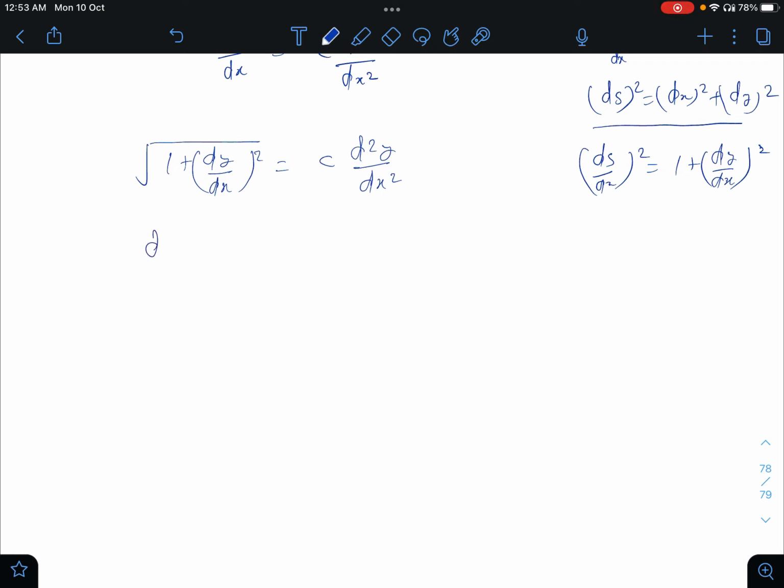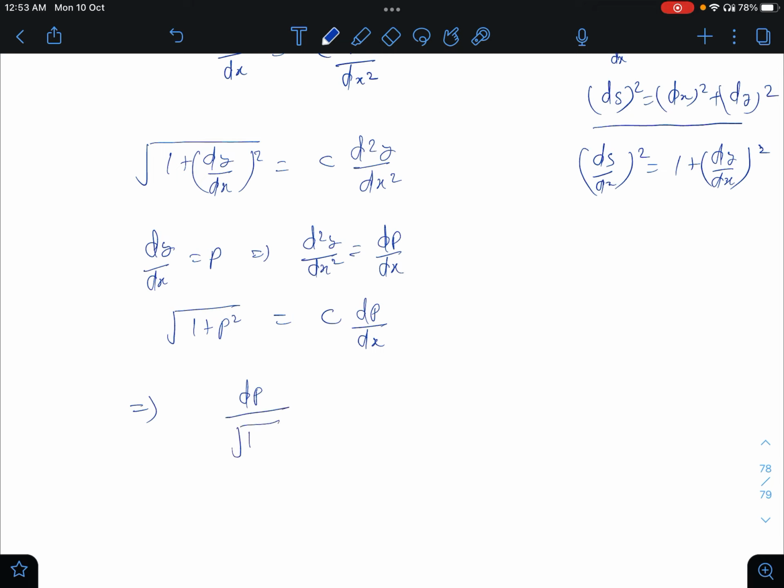So let us assume that dy by dx is equal to p. So under root 1 plus p square is equal to c times d square y upon dx square, which is dp upon dx. So this becomes c dp upon dx. By separating both variables, dp by under root 1 plus p square is equal to 1 upon c dx.